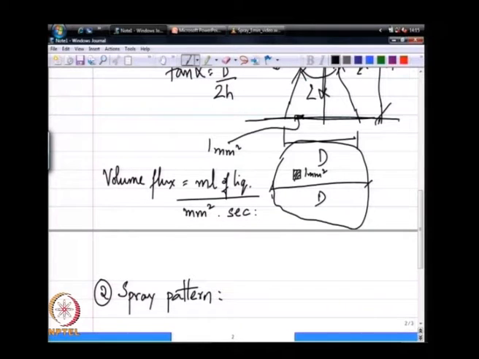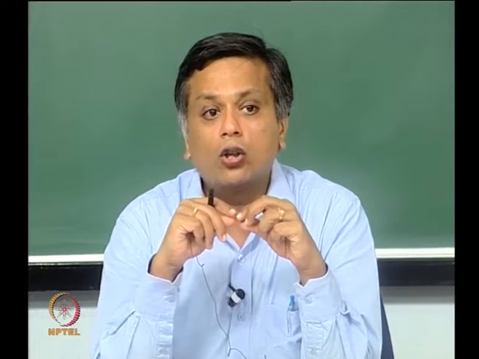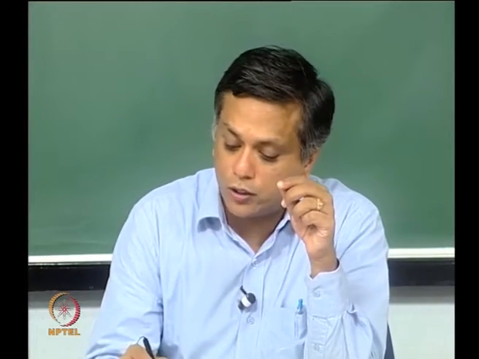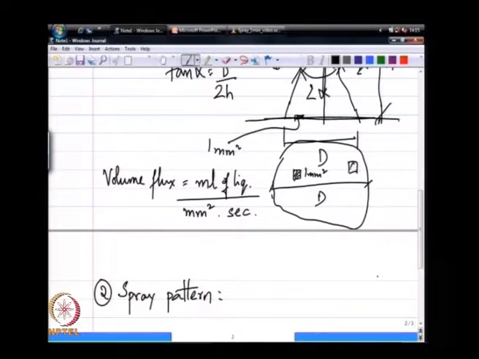So, if I sample for 1 second, how much volume of liquid flows through this 1 mm squared of area? Clearly, that would be different over here and over here. In a general spray, we do not know how much is flowing through here, here and here.